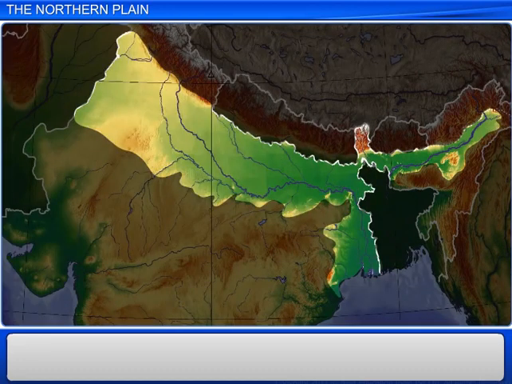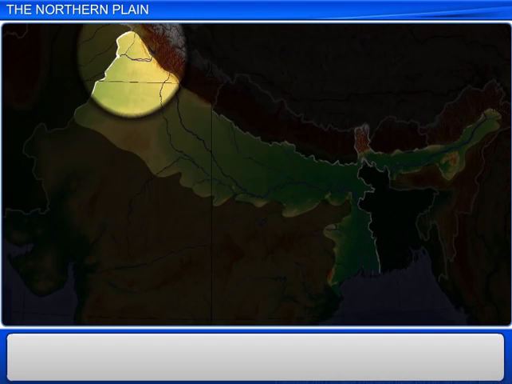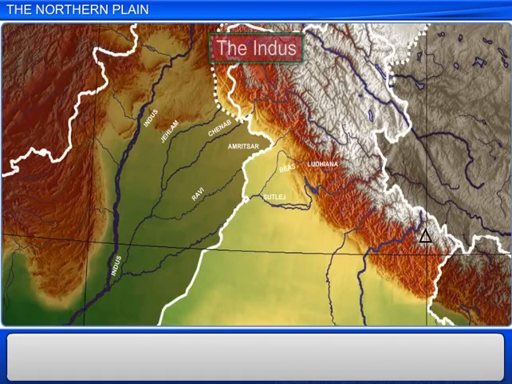Starting from the top, the western part of the northern plain comes first. This part is formed by the Indus and its tributaries.